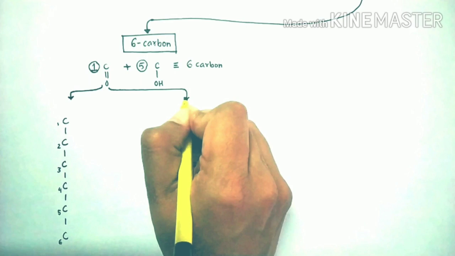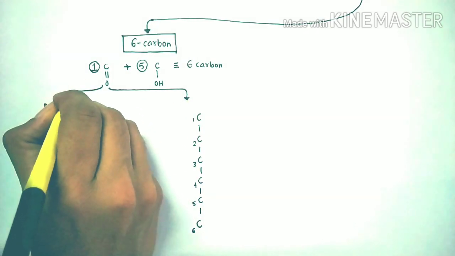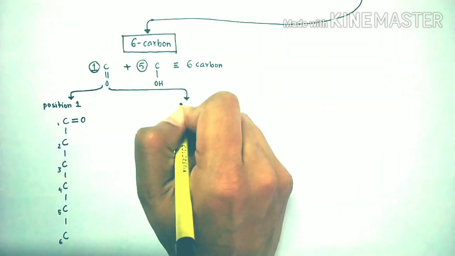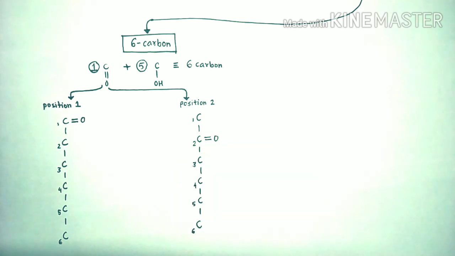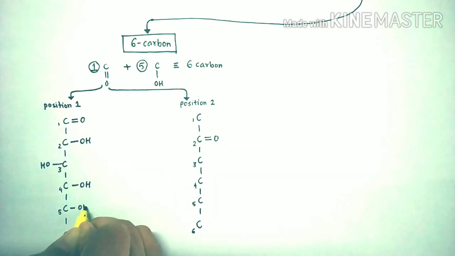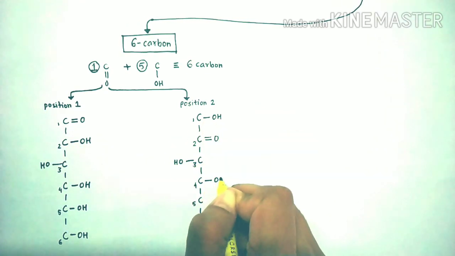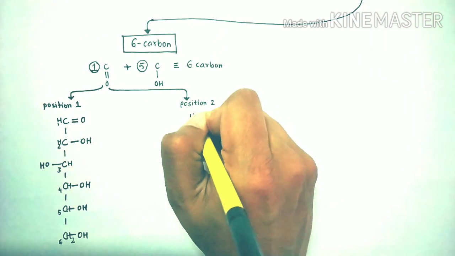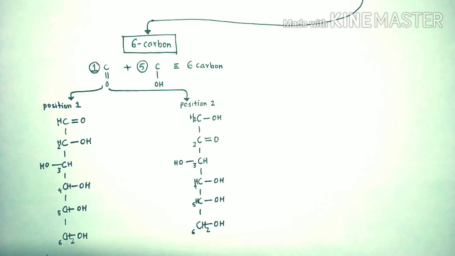In first, we will place C double bond O on position 1, and in second, we will place C double bond O on position 2. All the 5 carbons left will be COH units. We will complete the valencies with hydrogen atoms as required. And there you go. We have our two intermediates, D-glucose and D-fructose.